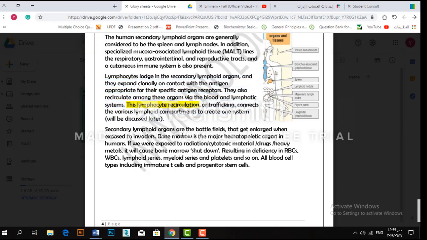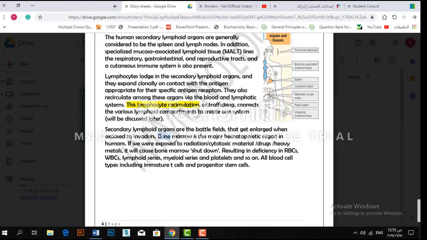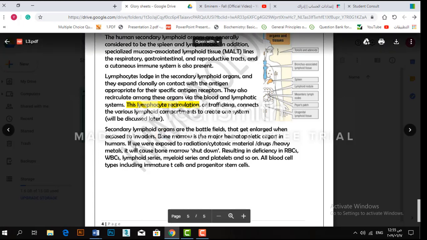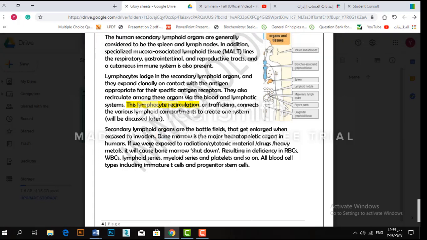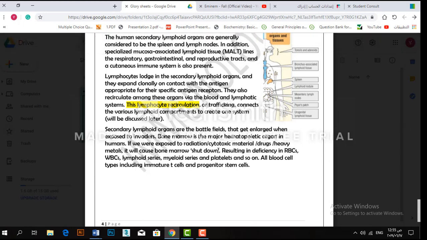The secondary lymphoid organs are the battlefields, and as we mentioned, they get enlarged when exposed to invaders. Now, bone marrow is the major hematopoietic organ in humans. If we are exposed to radiation, cytotoxic materials, drugs, heavy metals, or toxic materials, it will cause the bone marrow to shut down, resulting in deficiency in red blood cells.